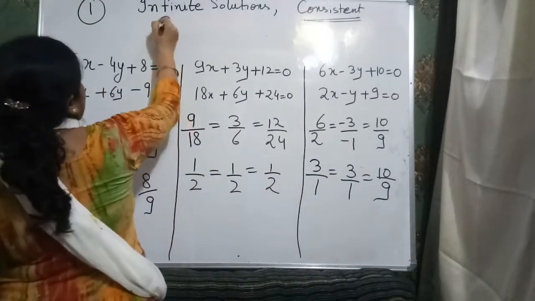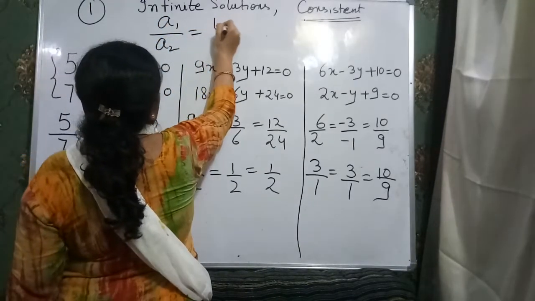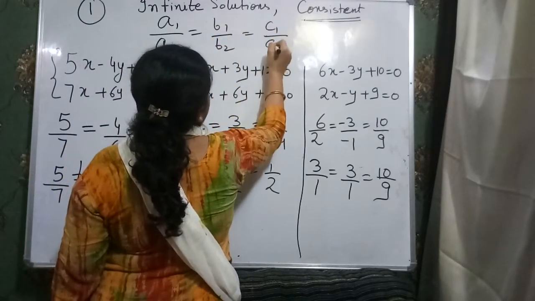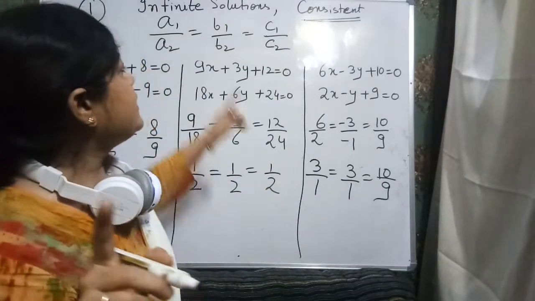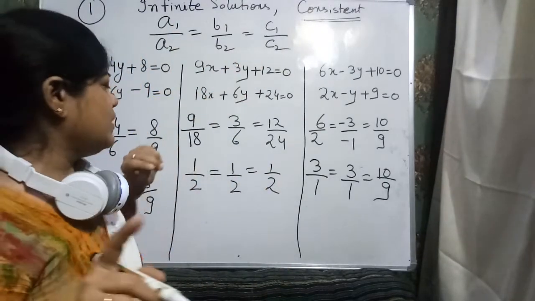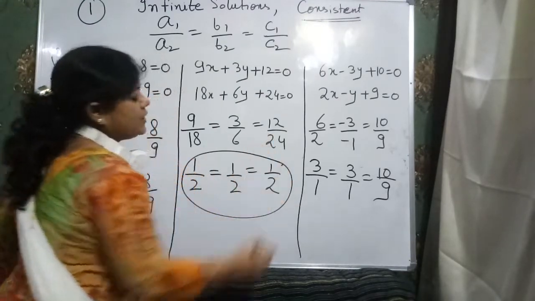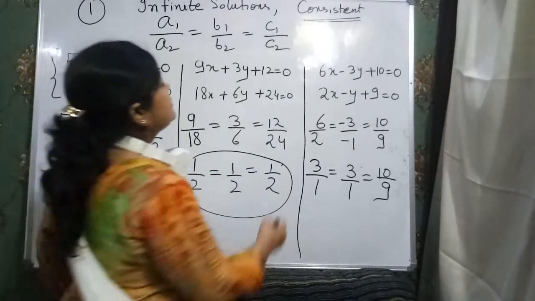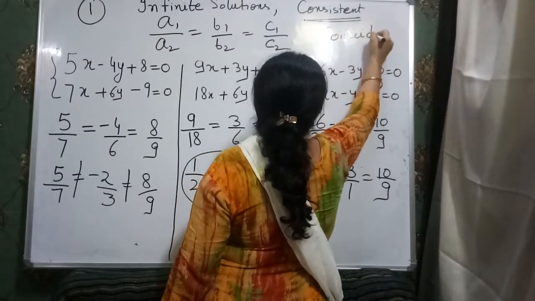And what is the case? All three ratios are equal. In the previous one, all three ratios were not equal, and here all three ratios are equal. That means in this case the lines are coincident.